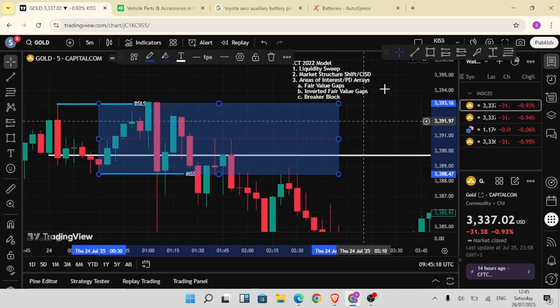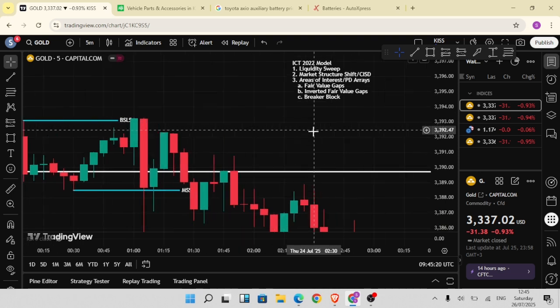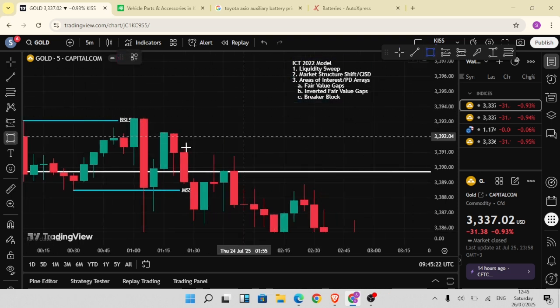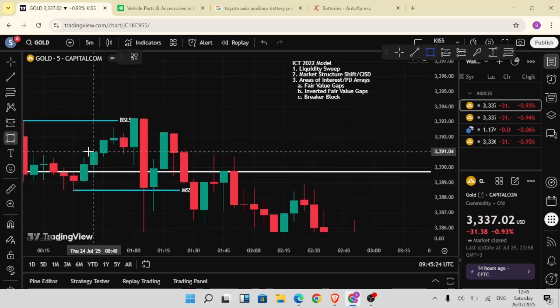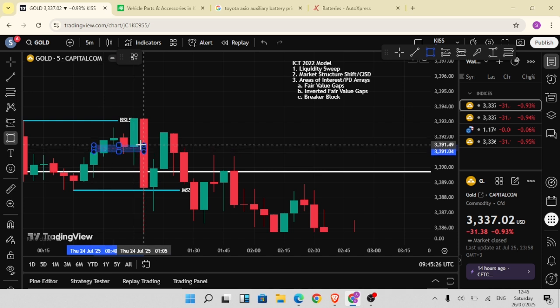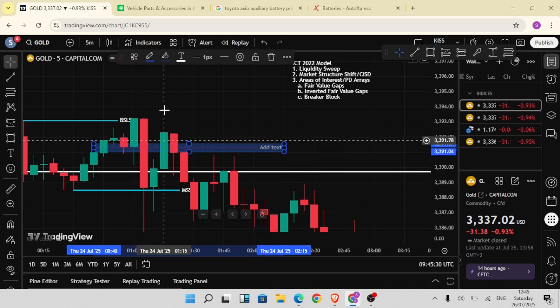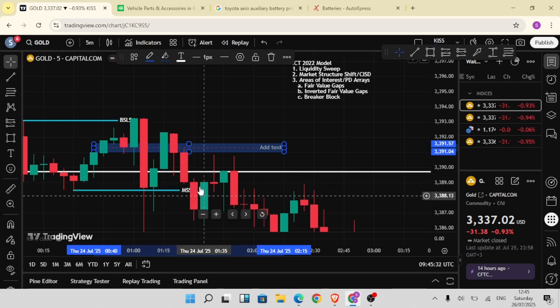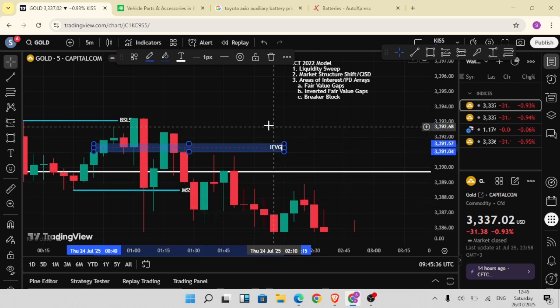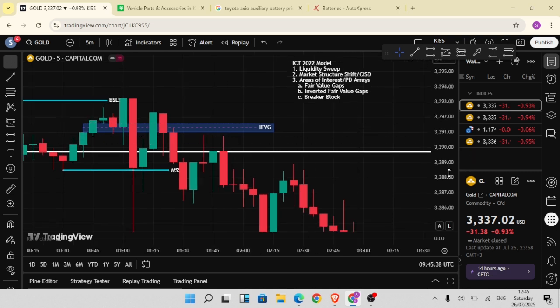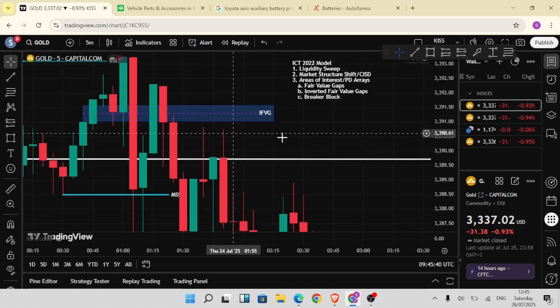The one we have is this fair value gap here. It is inverted. Remember, at this point we have a market structure shift now. However, the range is small and price may not target.